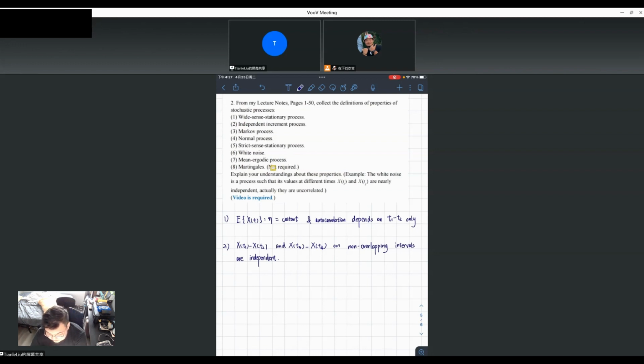We can apply this process to the Poisson process, the random walk and the Wiener process.